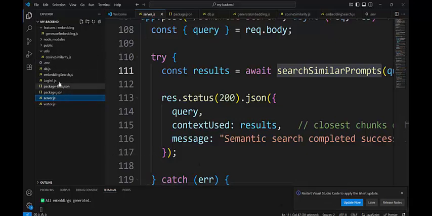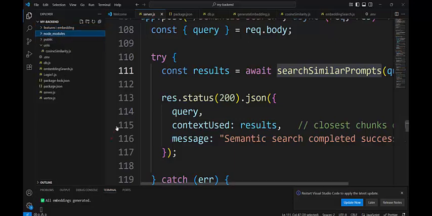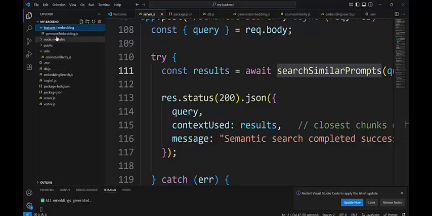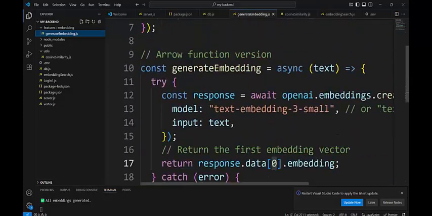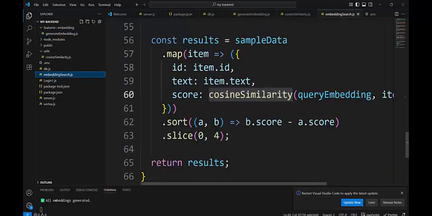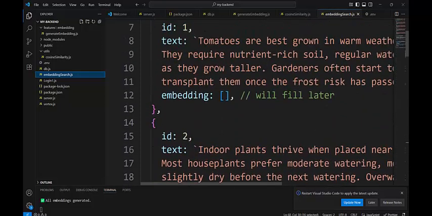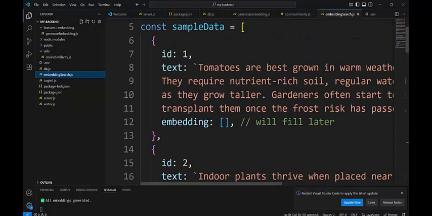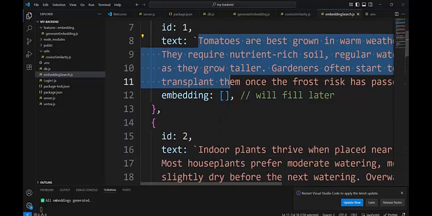In sample data, when we look at the embedding search, the embedding data, you see, tomatoes are best grown in warm weather, etc. It is our data.